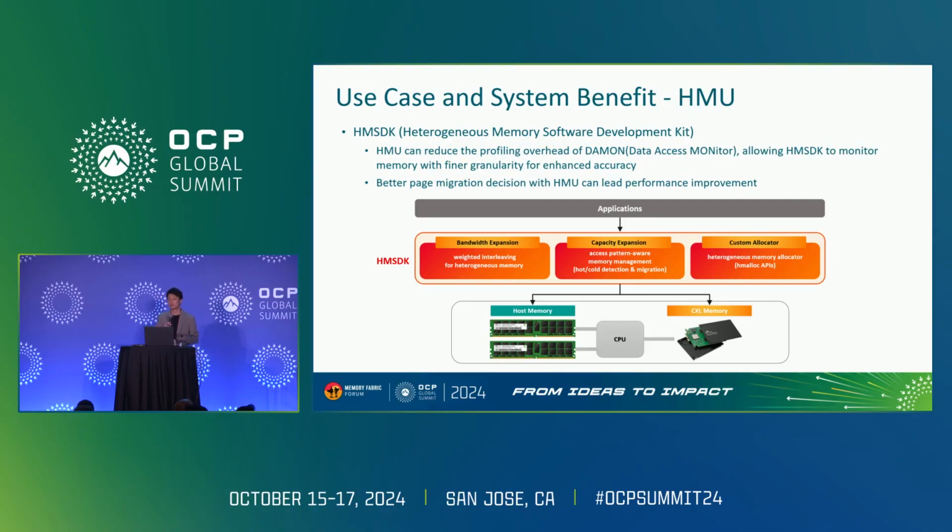But by applying HMU instead of the daemon, we can reduce the profiling overhead and also enhance the tracking accuracy through finer memory granularity in detecting hot and cold pages. So this enhanced page migration decision based on the HMU information can lead to system performance improvement.